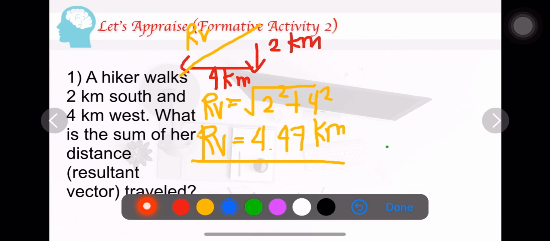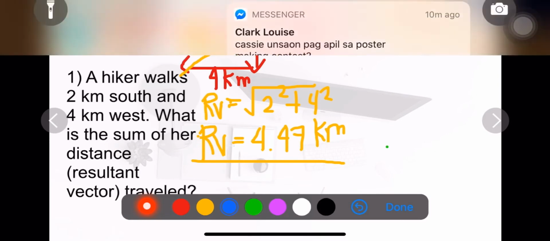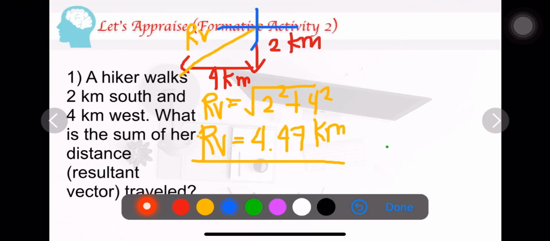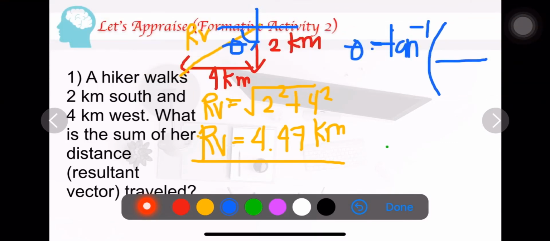So this is the Cartesian plane. The theta is located here. So theta is equal to arctan, and then opposite, which is 4, and then adjacent is 2.